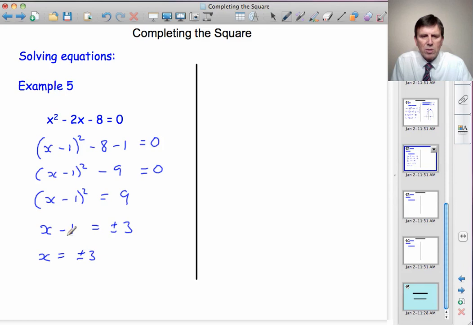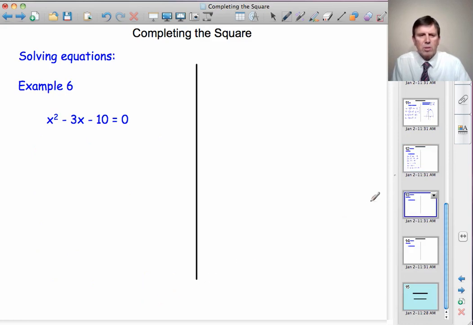And if I take the minus 1 to the other side, it becomes plus 1. So x is equal to plus 3 plus 1 is 4, or x equals minus 3 plus 1 is minus 2. So the roots of that equation are x equals 4 and x equals minus 2.